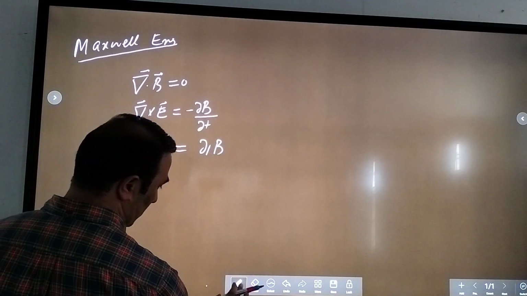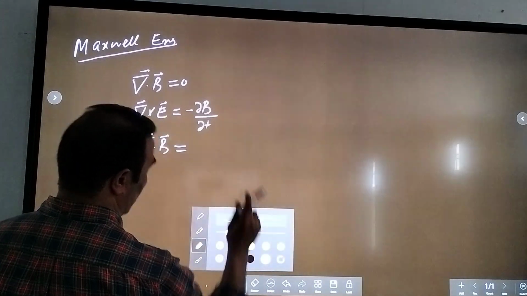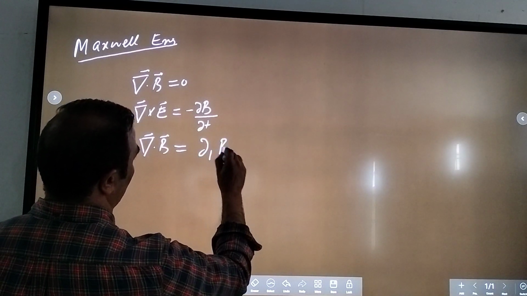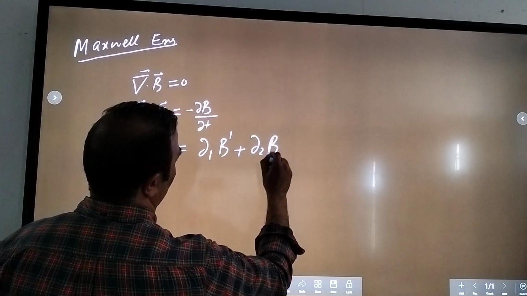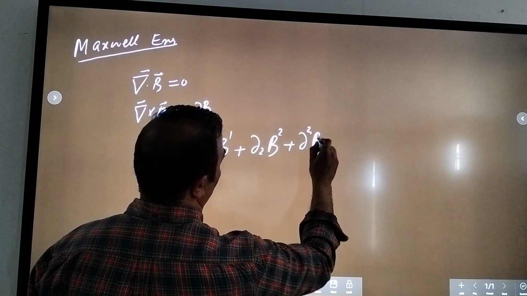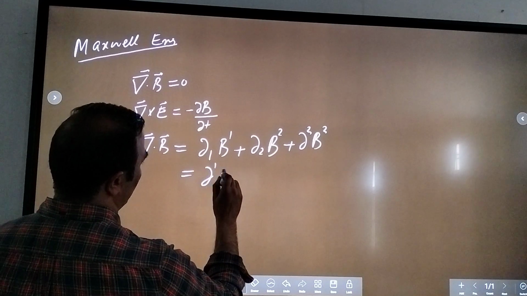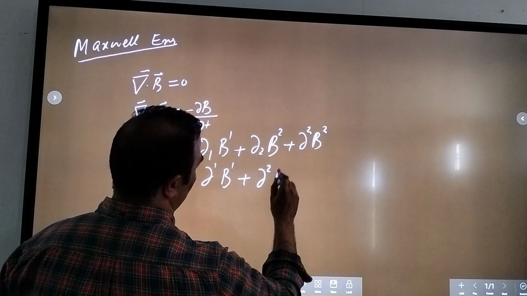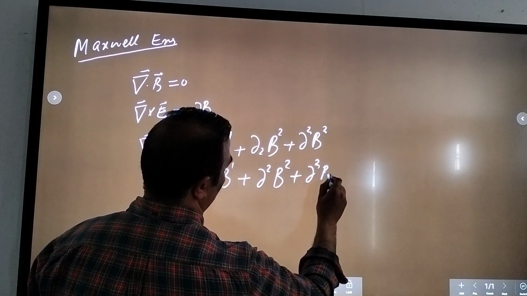b1, plus partial 3. Okay, or you can rewrite this as partial 1 b1 plus partial 2 partial 3.